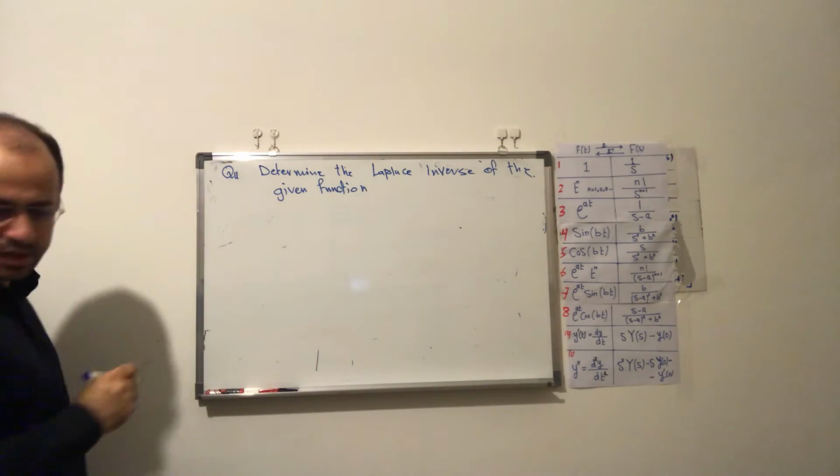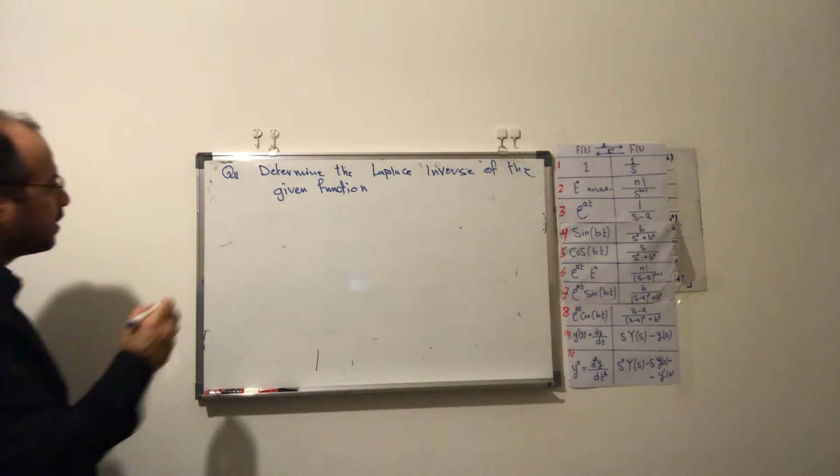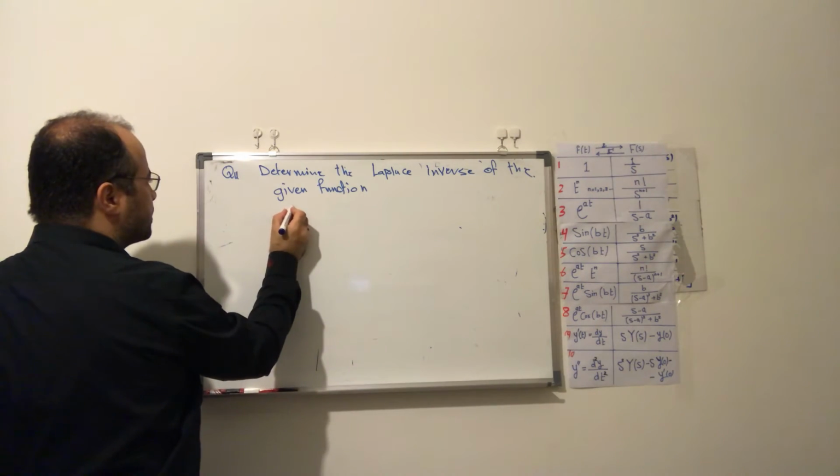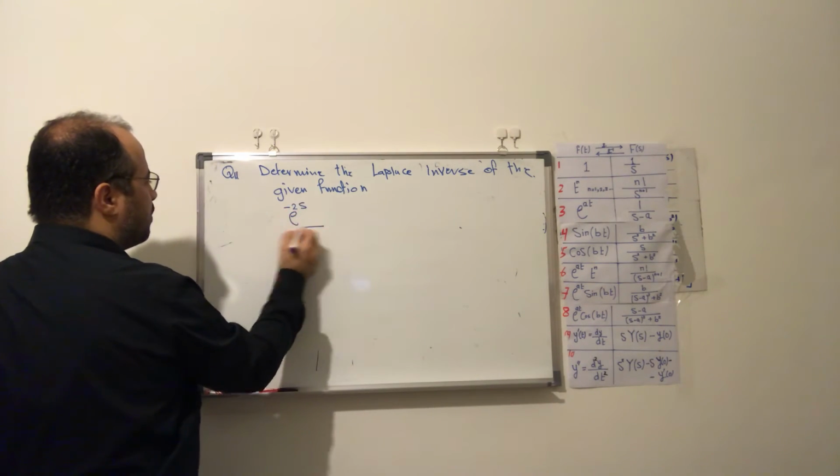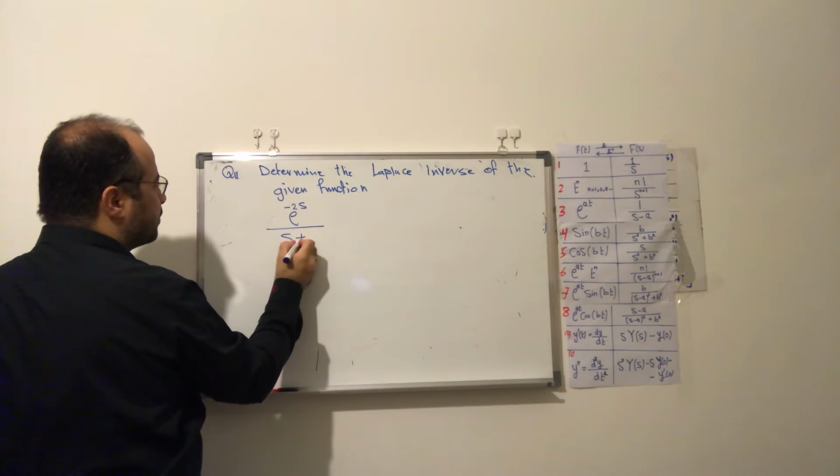So here is the function. It says you have e to the minus 2s over s plus 1.